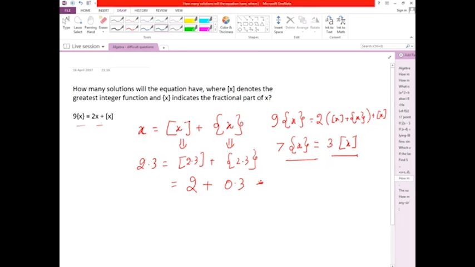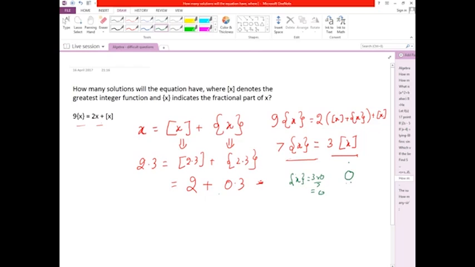So let's start with positive numbers. Can this side be an integer? Yes. Can this side be 0? This side will be 0 when you put x is equal to 0. Okay, so if we put that, fractional part of x will be equal to 3 into 0 by 7, equal to 0, right?